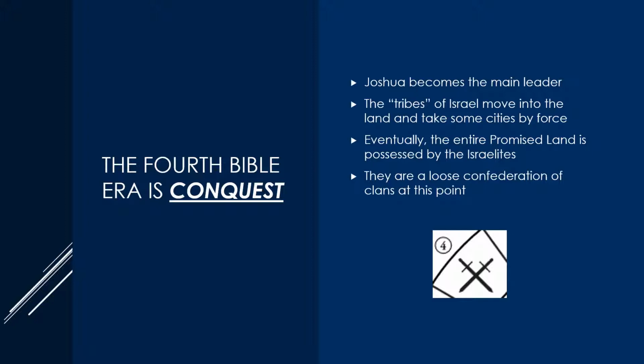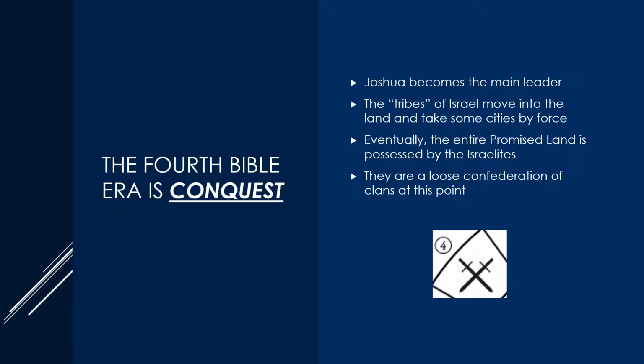They are settled into sort of a loose confederation of clans, each clan named for one of the 12 sons of Jacob, or one of his descendants. Each has their own part in the land. They're not really joined together yet as a nation. They don't really have a single ruler, and that's where we're going to begin picking up the story next time.